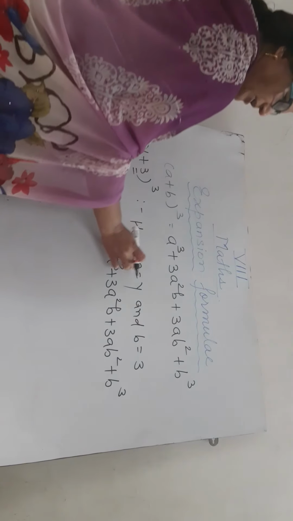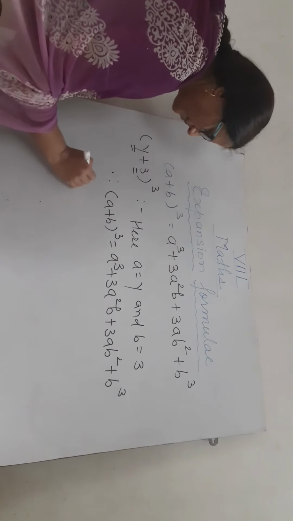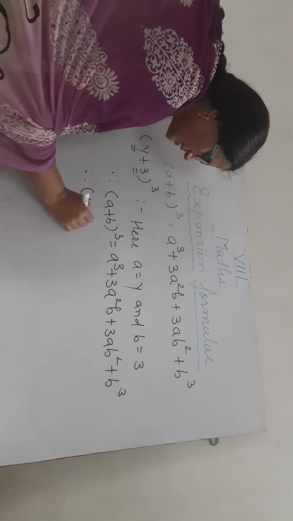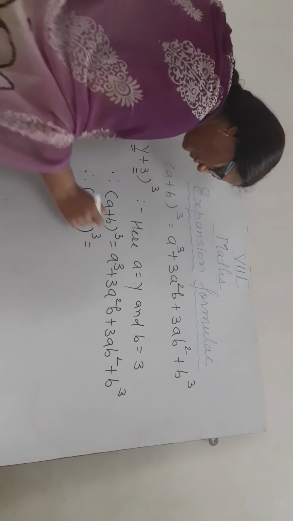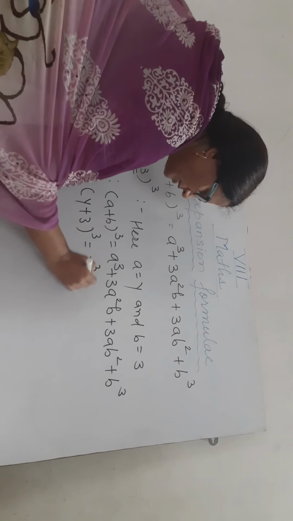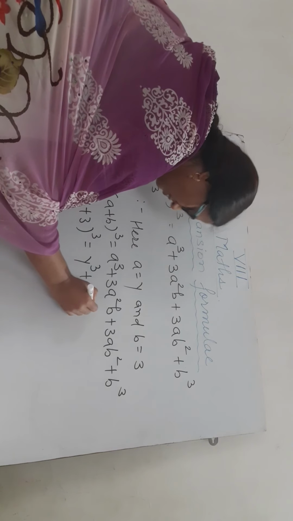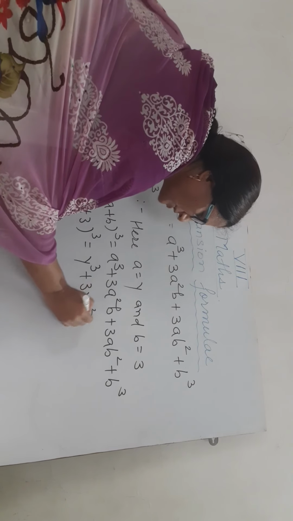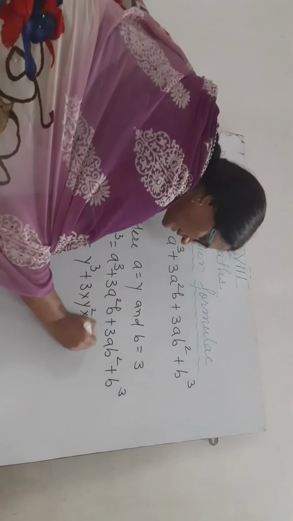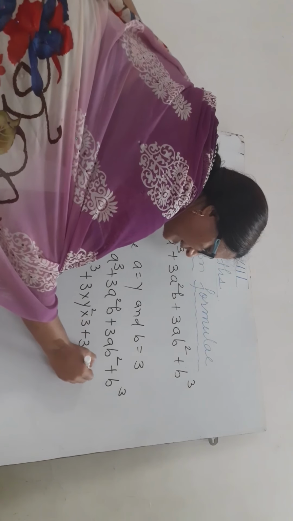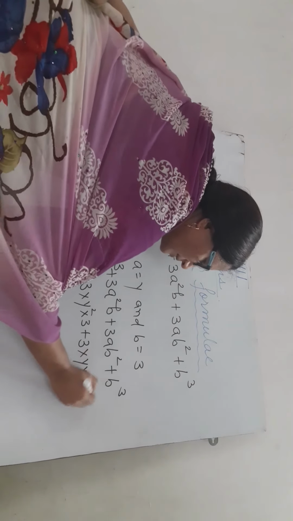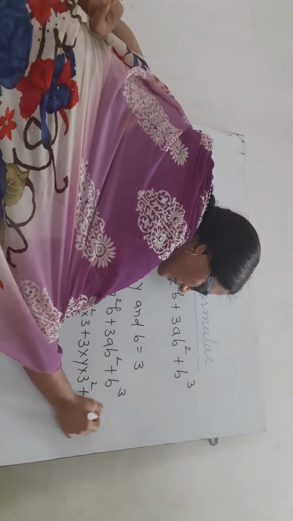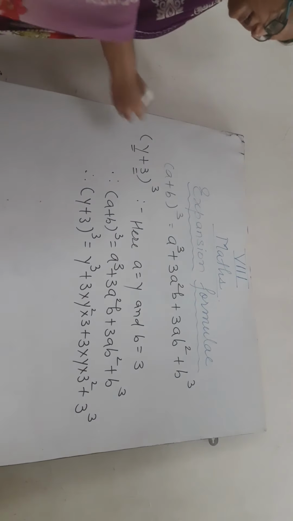Put the values of A and B. Therefore, (y plus 3) whole cube is equal to A means y cube plus thrice A means y square and B means 3, plus thrice A means y and B means 3 square, plus B cube means 3 cube. Is that clear?